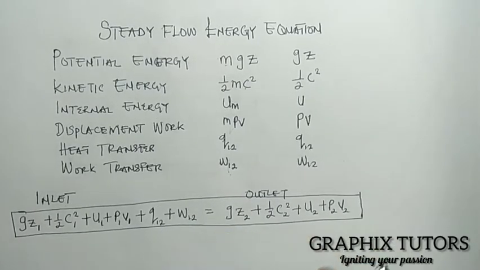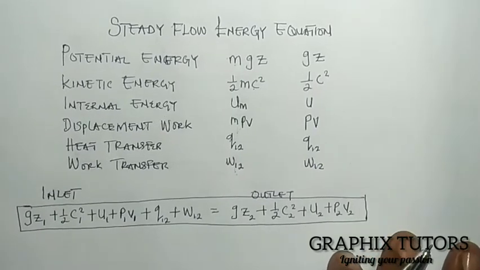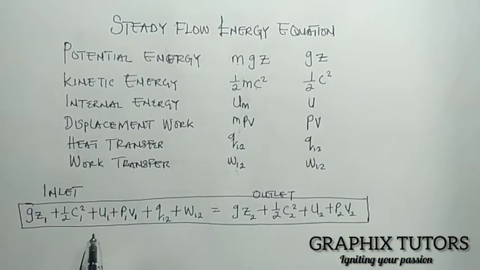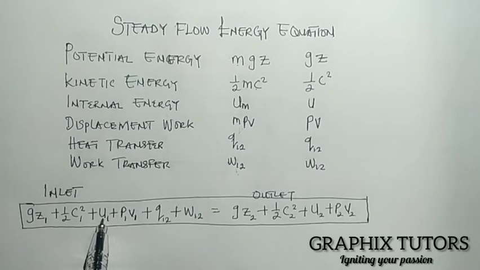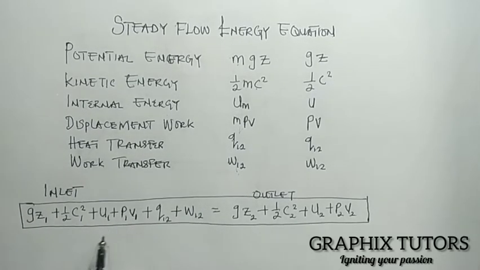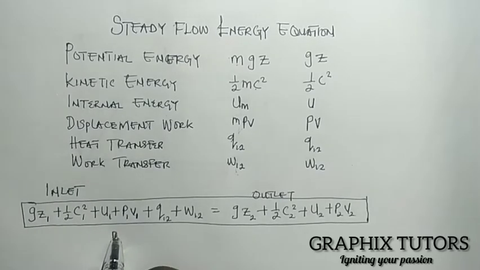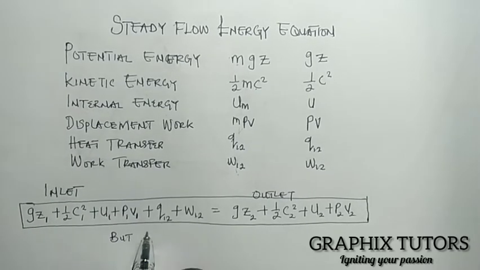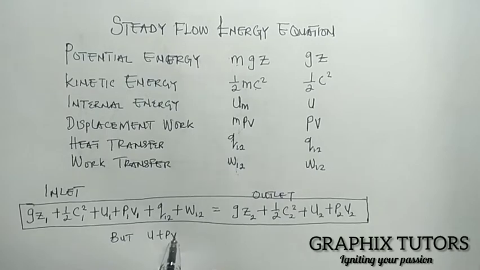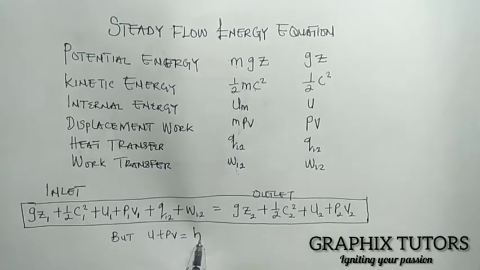This is per unit mass. But sometimes we might not be given the internal energy, the pressure and the volume. So we need to know that U plus PV is equal to what? Enthalpy.